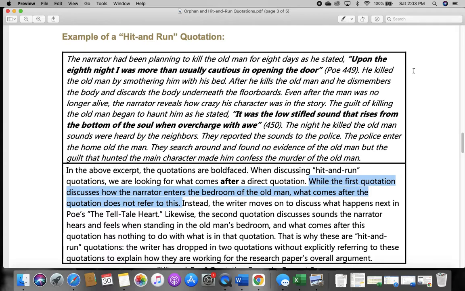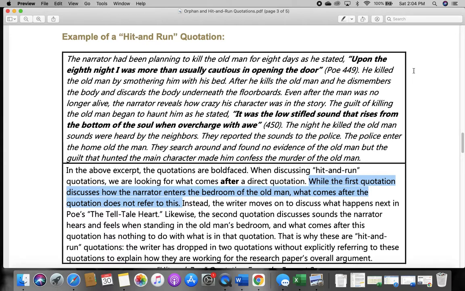This is that exposition type of writing, let me tell you what happened in the story. That's not analysis. I don't need to know what happened in the story. I only need to know what happened in the story for context, on an as-needed basis only. Tell me what happens in the context so I understand the quotation, or I understand in the analysis how this connects to your argument.